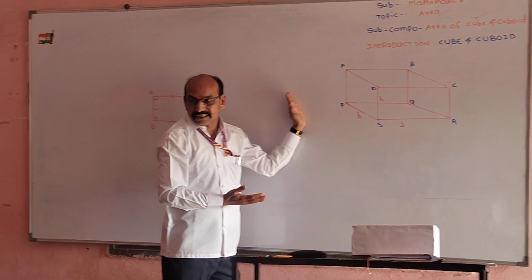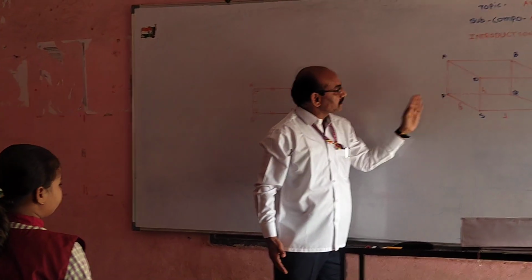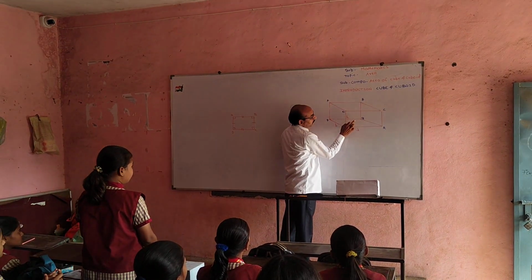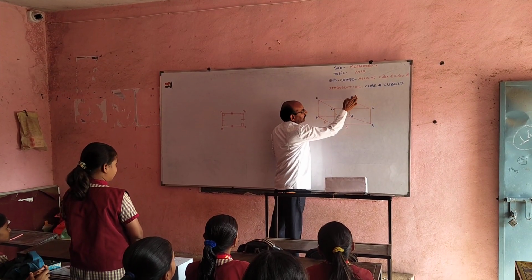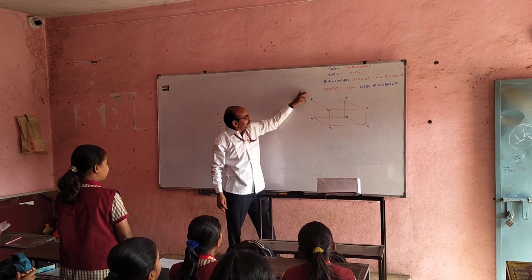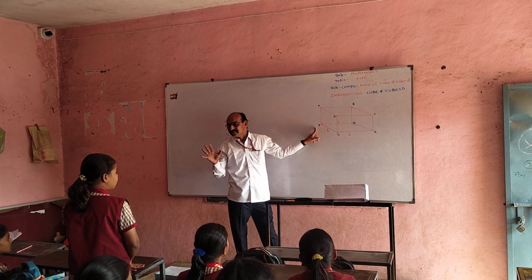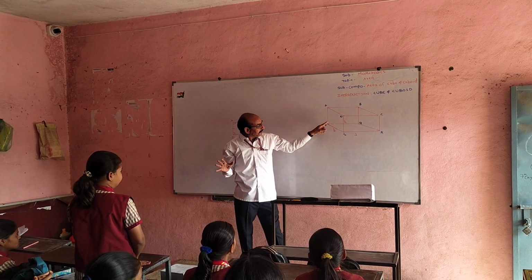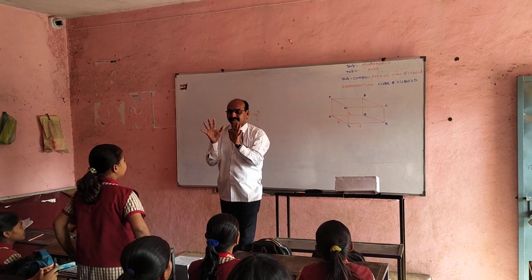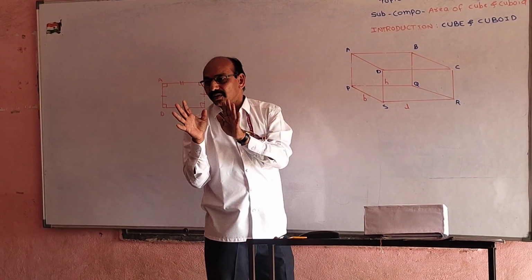Now the left hand face is A, D, S, P. The right hand face is B, Q, R, C. The back side face is A, B, Q, P. And the last face is D, S, R, C. Now observe all the faces. The opposite faces are congruent.